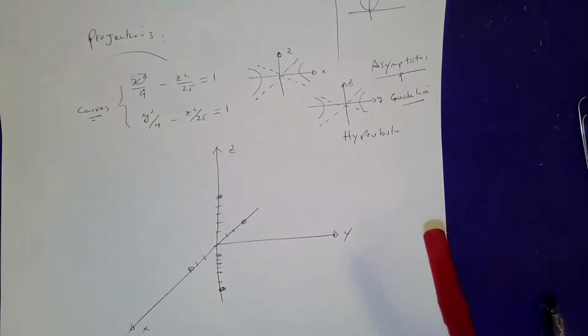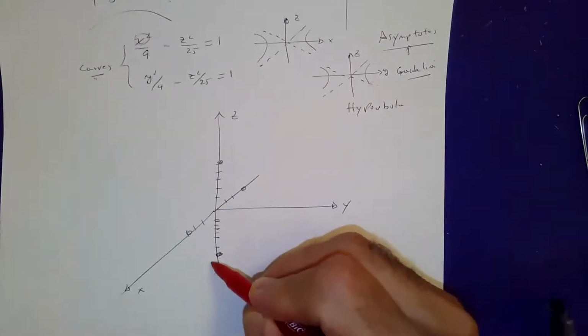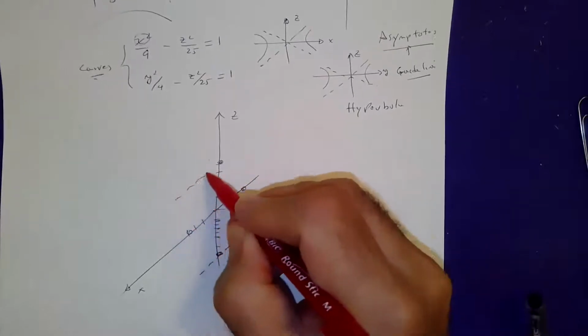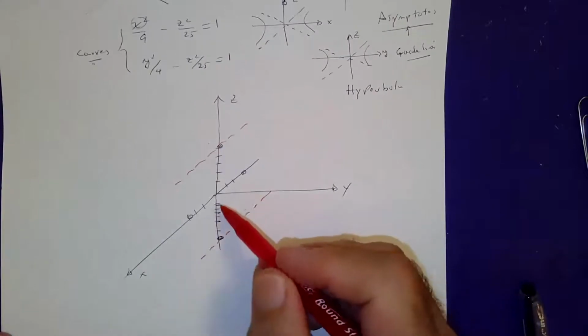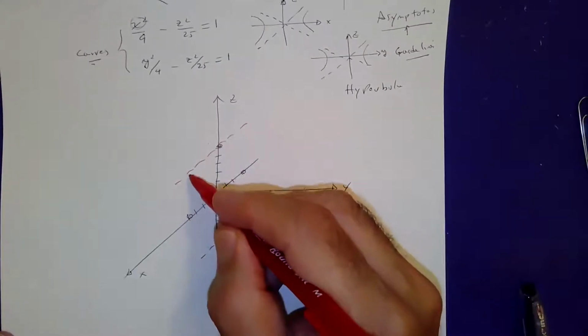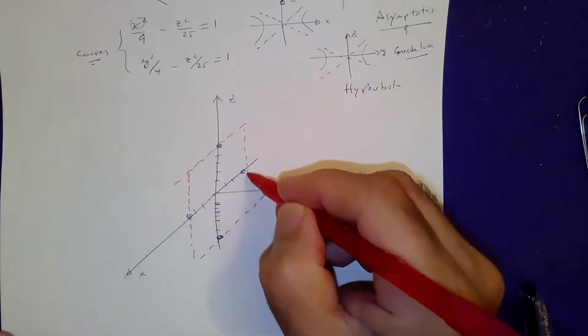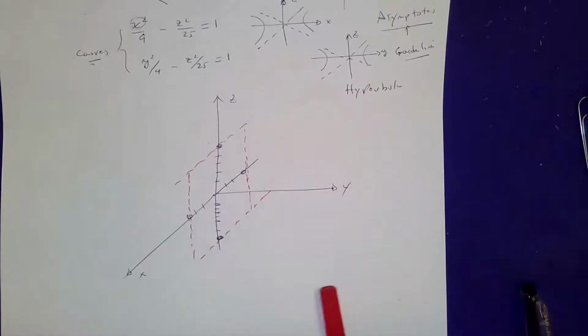Now make a box, okay? From the z-intercepts, I draw the box parallel to the x-axis. From the x-intercepts, I draw the lines parallel to the z-axis. So notice my box is tilted. It's not straight.